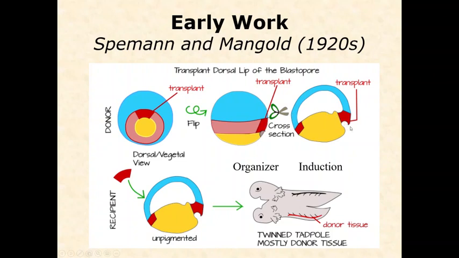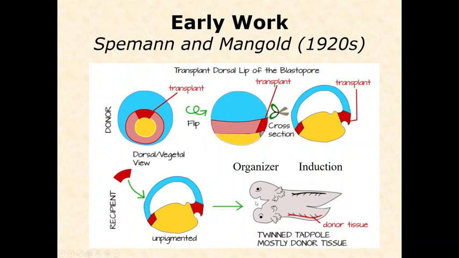So remember, this blastopore in these organisms is going to be forming the gastrointestinal tract. And so they would take this little bit and they would transplant it onto, say, the backside of another embryo at a similar stage. And if that occurred, then rather than a single embryo, you would end up with what was at the time called a Siamese twin, and that name's misleading, but a better term is conjoined twin. But you would make an artificial conjoined twin.